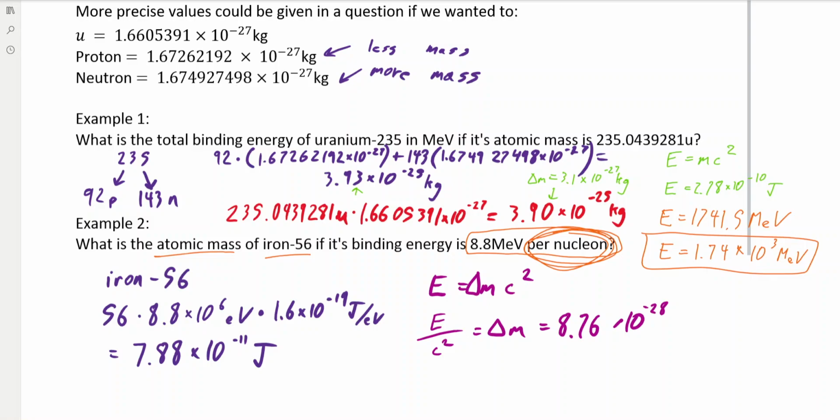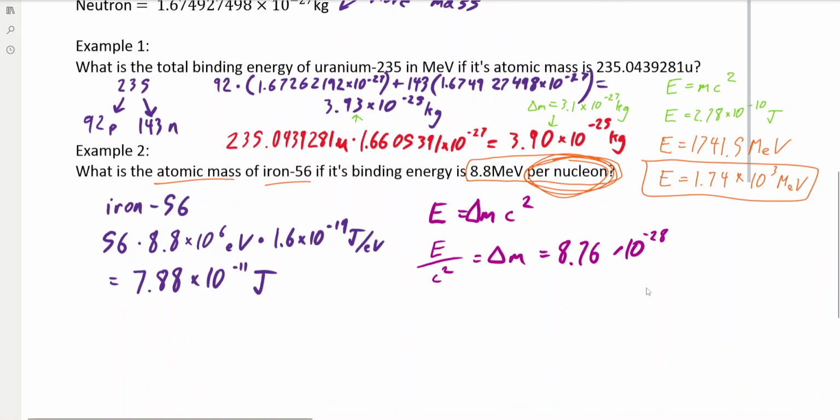So what we need to do now is, that's how much different it is from what you would expect. So what do we expect? Well, now we can figure out what we're actually going to expect, which is if it's iron 56, then we have a certain number of protons and a certain number of neutrons. Iron has 26 protons, so it's going to be 30 neutrons.